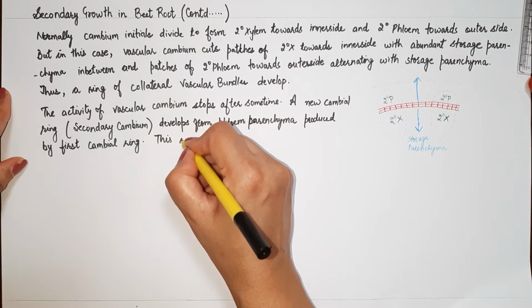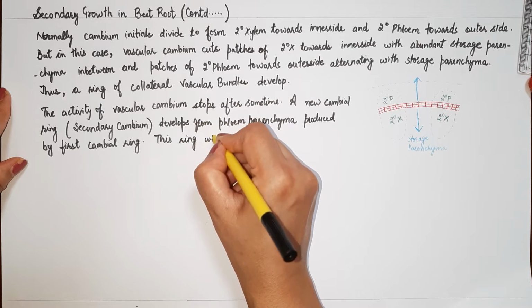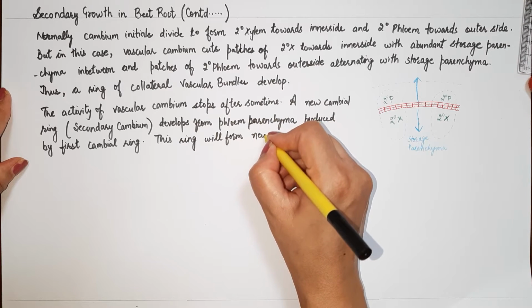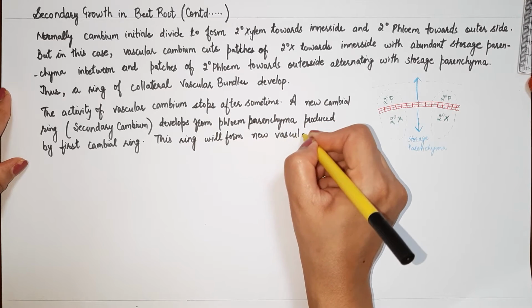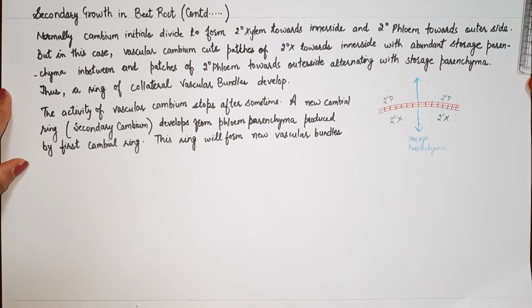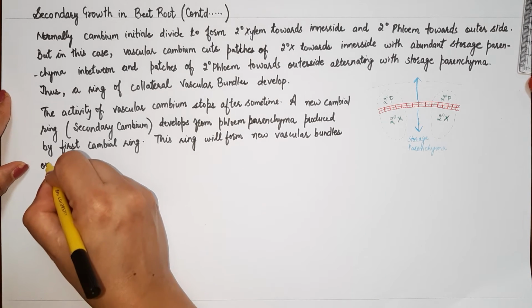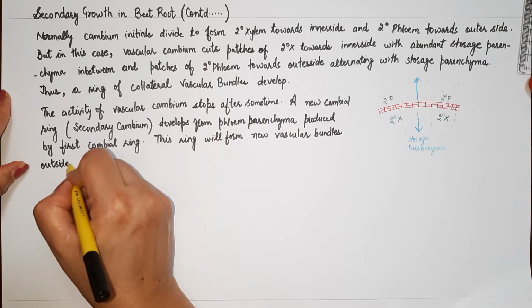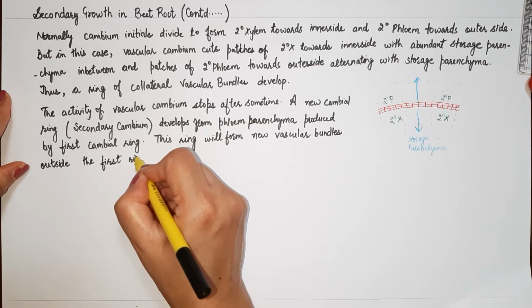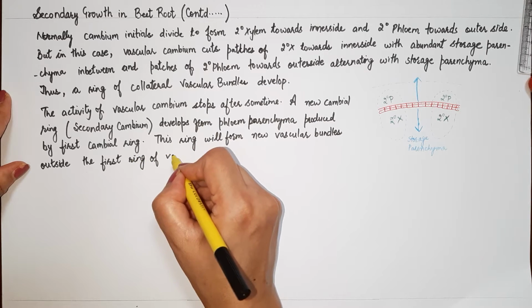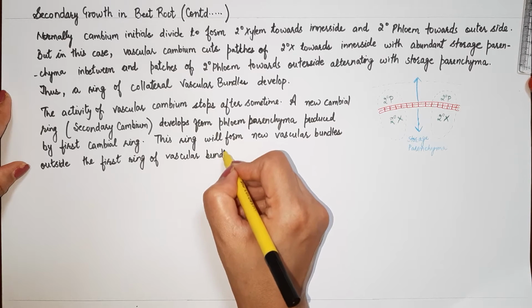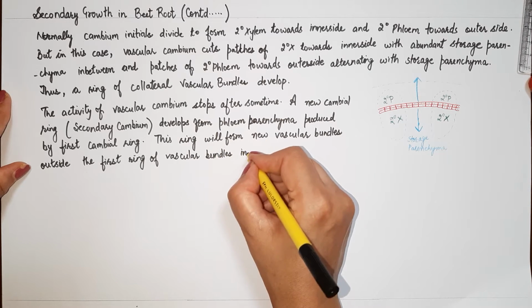This ring will form new vascular bundles outside the first ring of vascular bundle in similar manner.